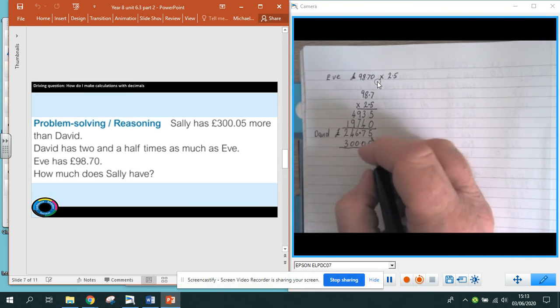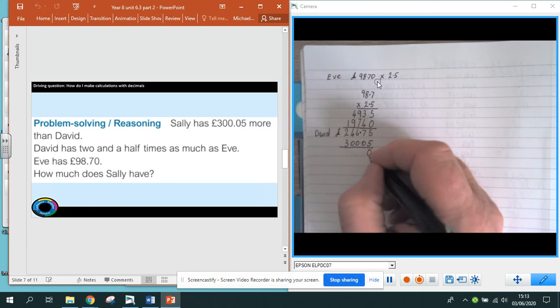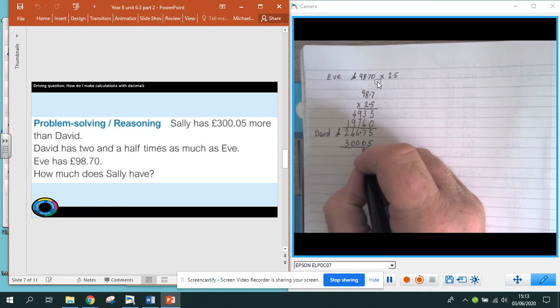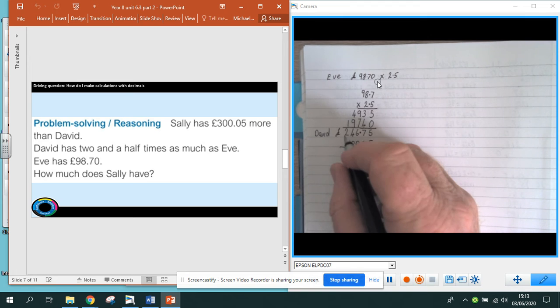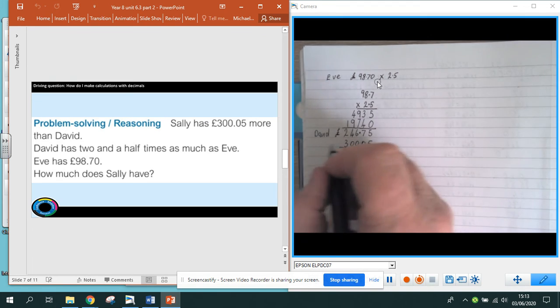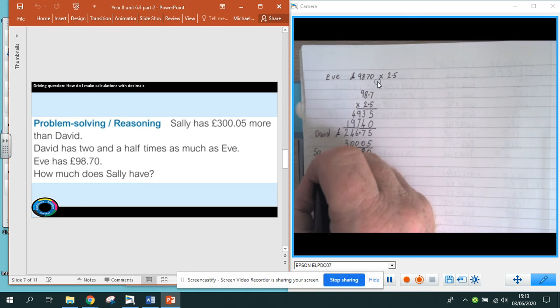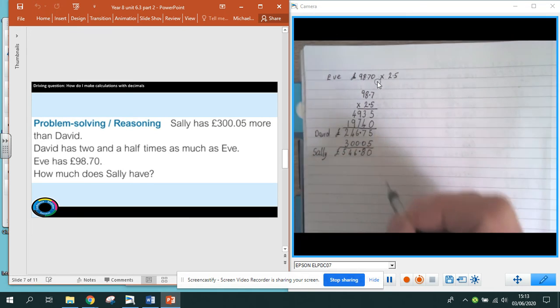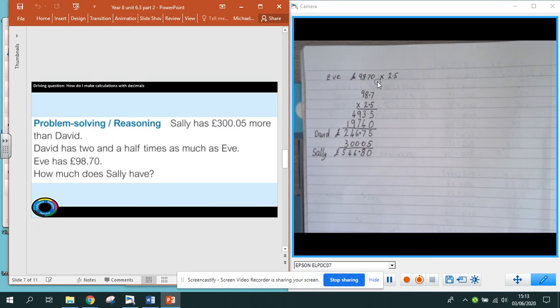So 5 and 5 is 10, put down a 0, carry the 1. 7 and nothing and 1 is 8, put my decimal point in. 6 and nothing is 6, 4 and nothing is 4, 2 and 3 is 5. So Sally has £546.80.